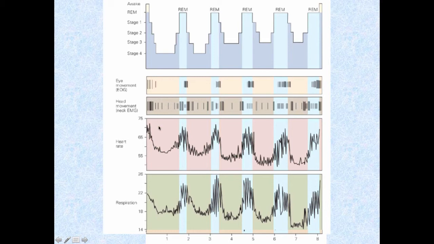And as you can see, body activity by all of these measures is lowest at the deeper stages of sleep, and they're at their greatest during this rapid eye movement or REM sleep. So these different periods of REM sleep over the course of the night represent this time of greater overall body activity.